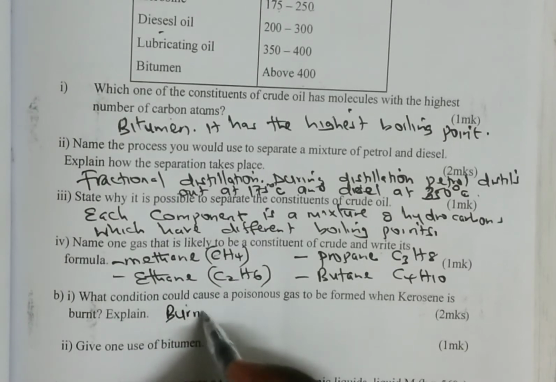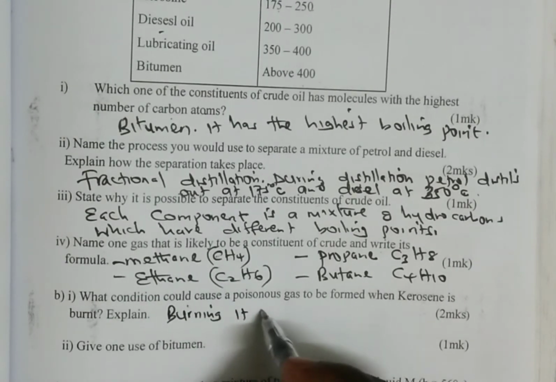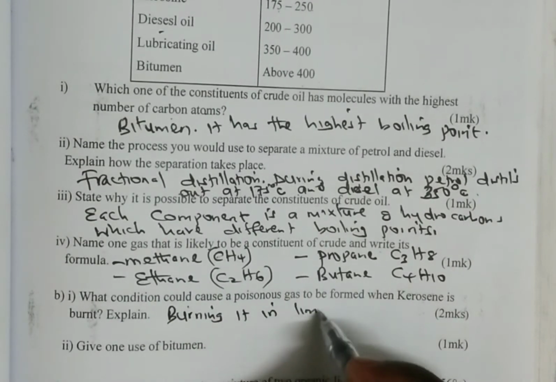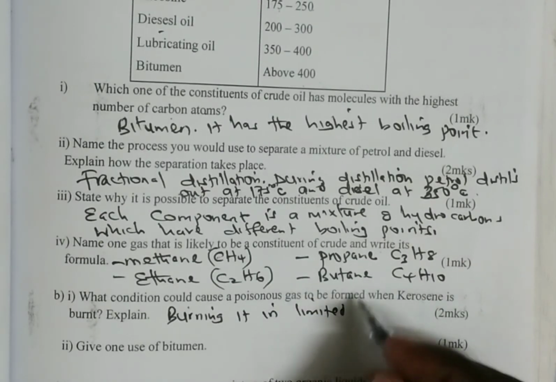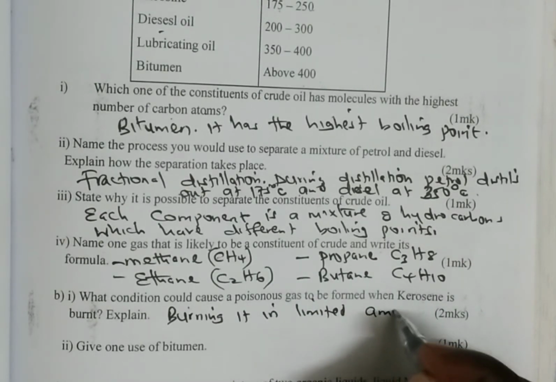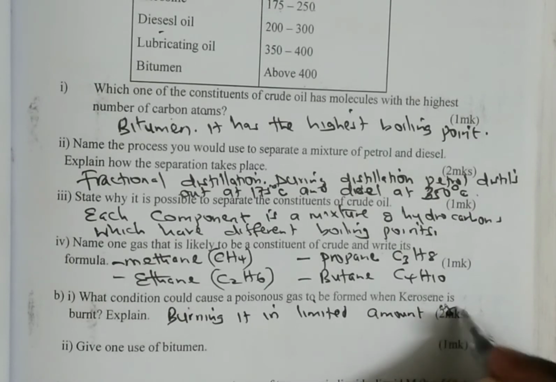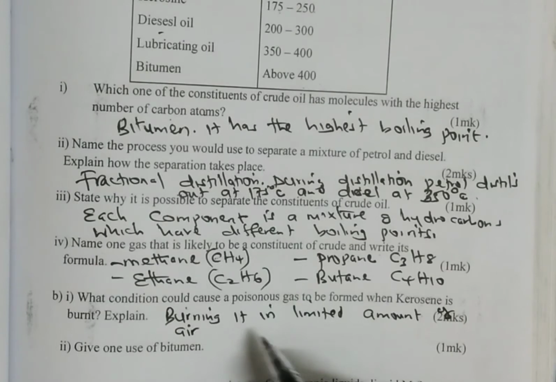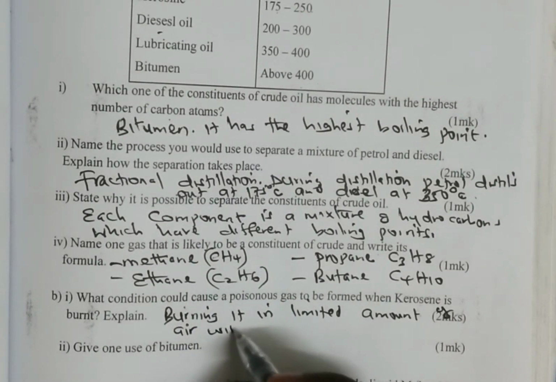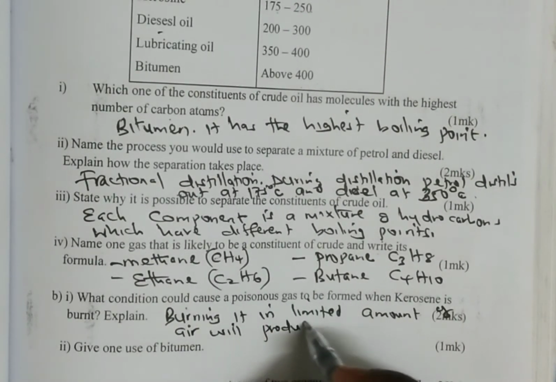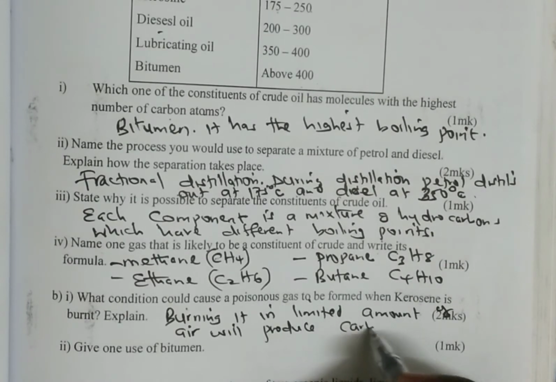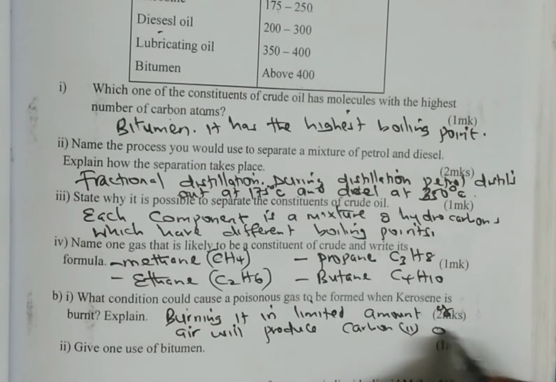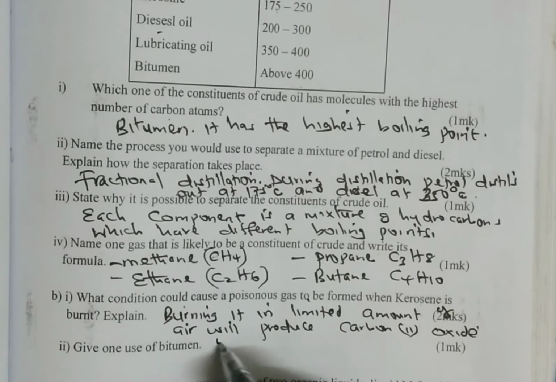So we can say burning it in limited amount of air will produce carbon 2 oxide, which is poisonous.